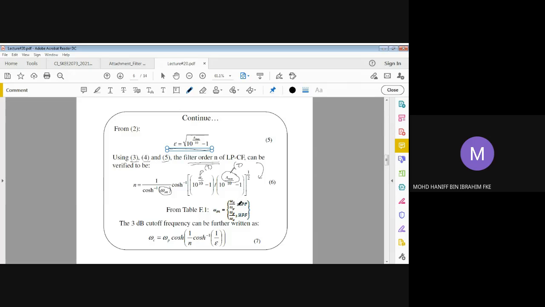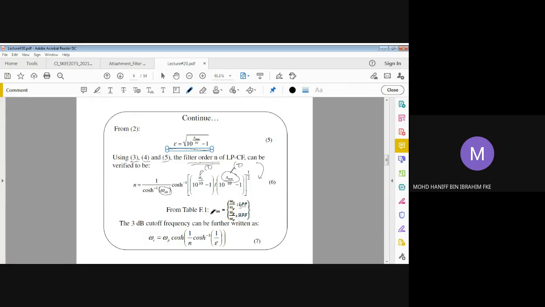I did mention here that omega Sn for a low pass filter should be omega s over omega p, whereas for the high pass filter, it should be omega p divided by omega s. This is the same as what we did in lecture 19 on the Butterworth filter. So we're going to use the same transformation for the omega Sn.